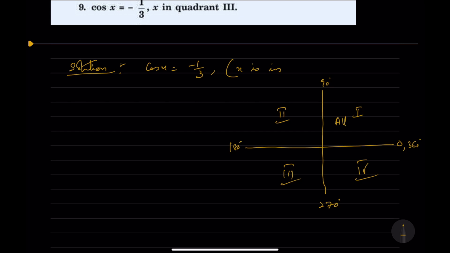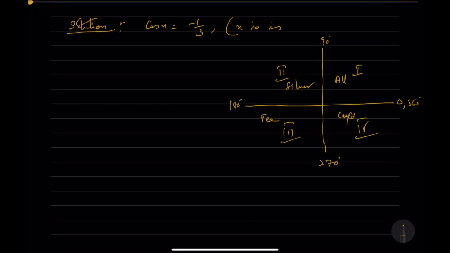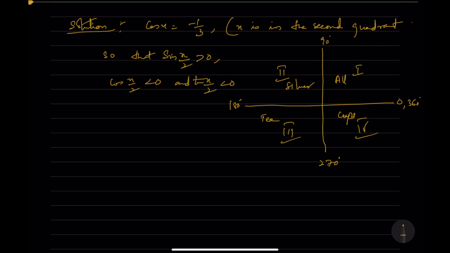All Silver Tea Cups. It is in the second quadrant, because it is in the second quadrant, so that sin x by 2 is greater than 0. We can see here cos x by 2 is less than 0 and tan x by 2 is less than 0.